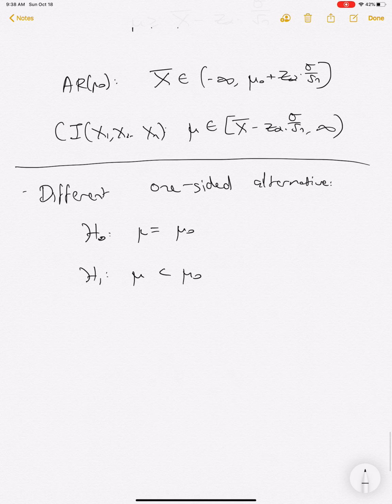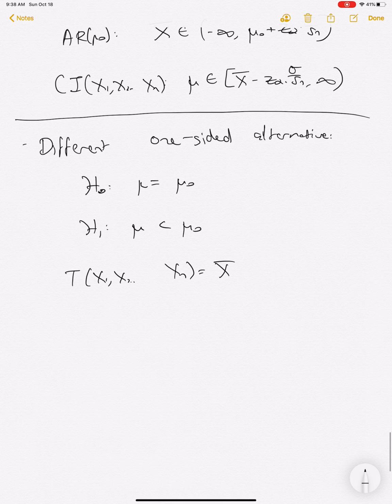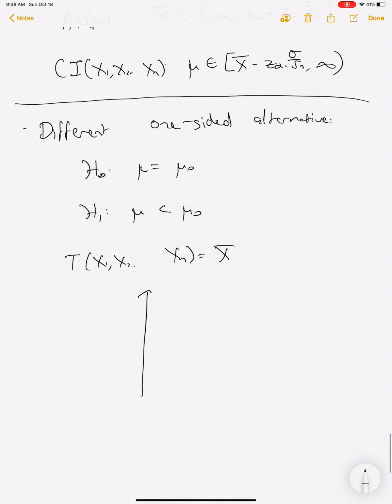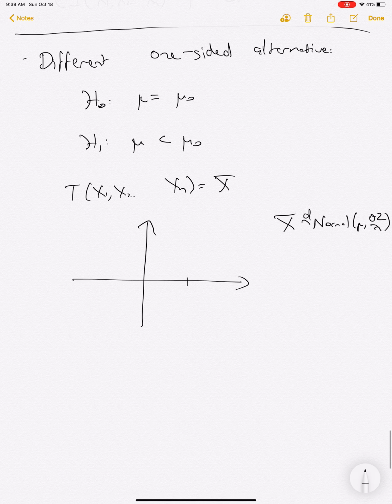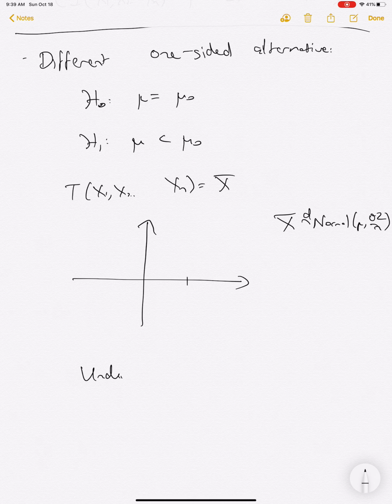In that case, the test statistic is equal to x bar, and this is all the same as before: under H0, x bar is distributed normal, mean mu 0, sigma squared over n.